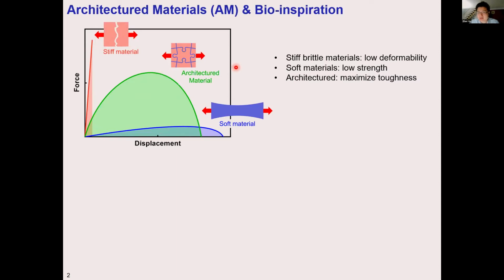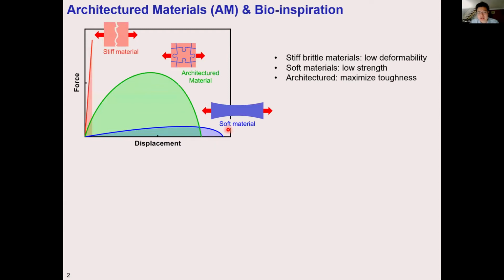So the concept of architectured materials is that we combine those mechanically dissimilar materials in one well-defined configuration using some very intricate architecture, so that we can have a balance between stiffness, strength, and deformability. So the goal is that we can maximize the area under the curve, which is the energy absorption of the materials.